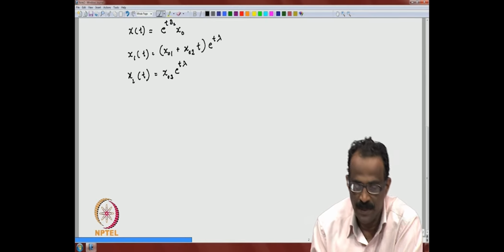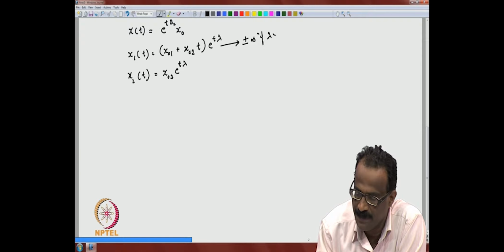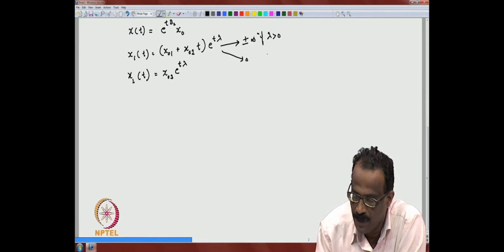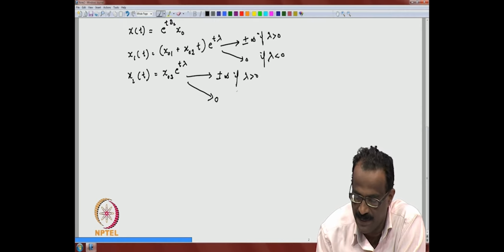So, you see this will go to plus or minus infinity if lambda is positive, as t tends to infinity. This will go to 0 if lambda is less than 0. The same holds for this one also: this will go to plus or minus infinity if lambda is positive, and this will go to 0 if lambda is negative. So, you will have stability if lambda is negative.